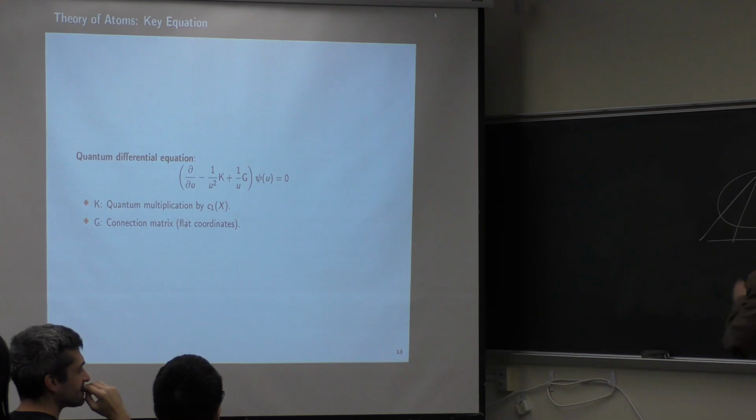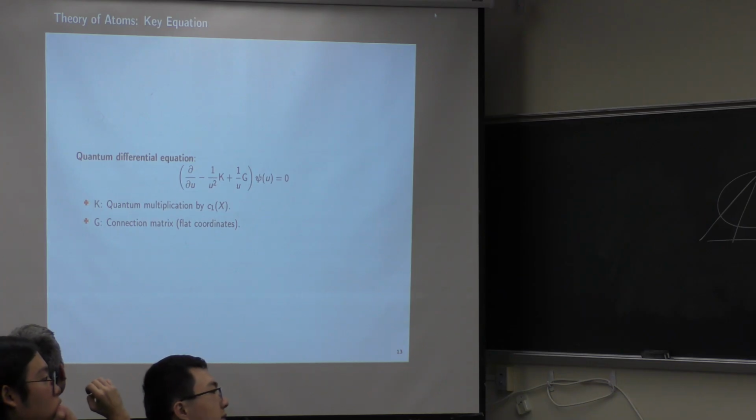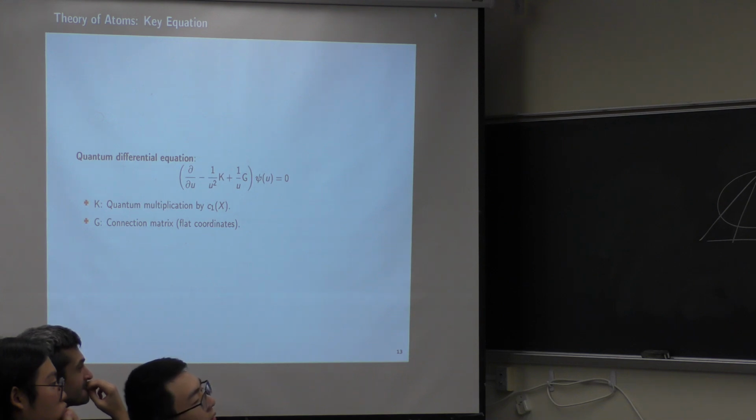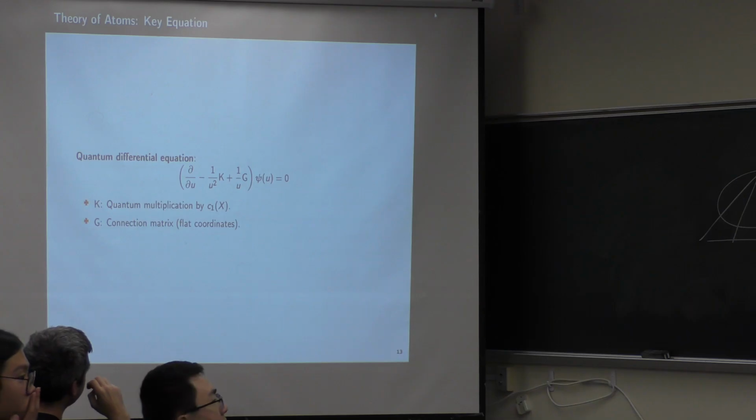Here K is the operator of quantum multiplication, and G is some grading operator. In the case of the three-dimensional cubic, which is our reference point, this matrix K is given like that, and G is this grading operator.